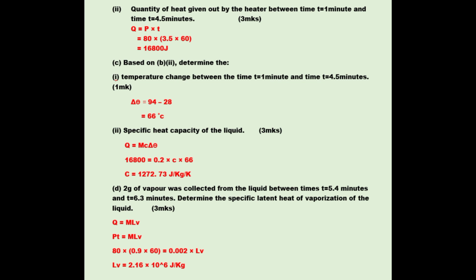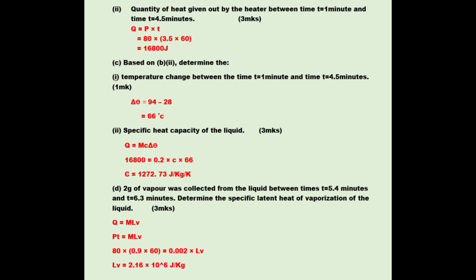That means the heat supplied by the heater for that time is equal to the heat gained by the liquid at that time also. For the heater, we already have the power, so we just require time because it is PT, electrical power times time. So 80 times time.